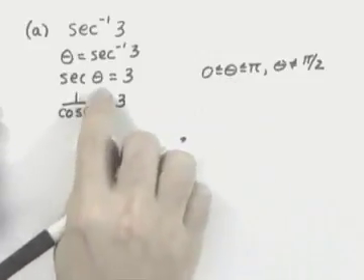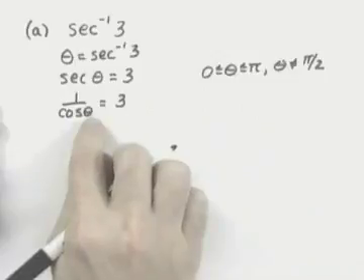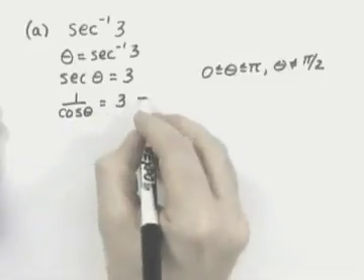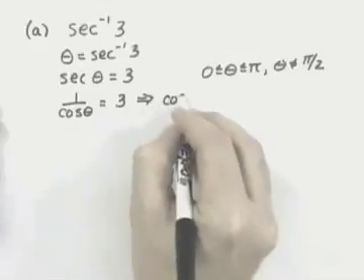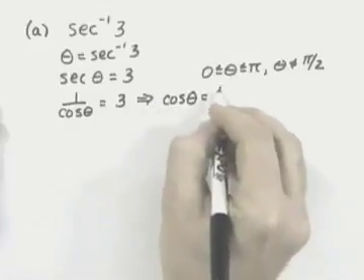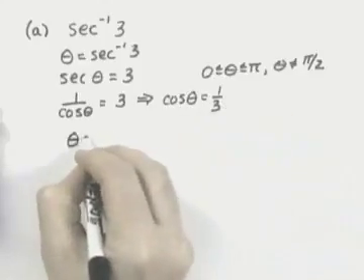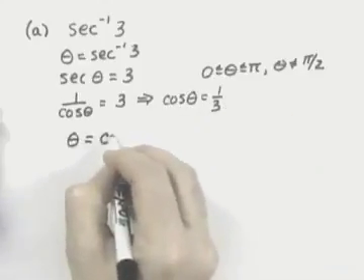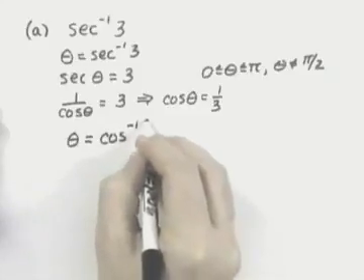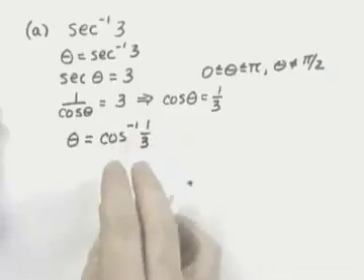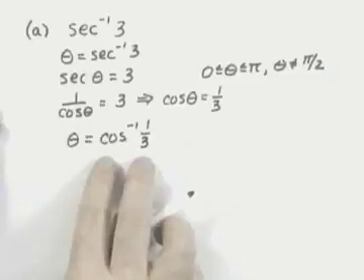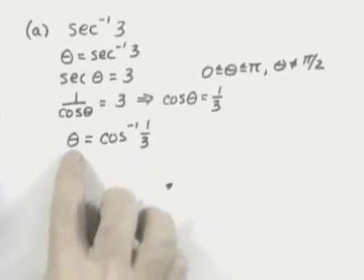So we have that the secant of theta is equivalent to 1 over the cosine of theta. So 1 over the cosine of theta equals 3, which implies that the cosine of theta equals 1/3. Therefore, theta is going to equal the inverse cosine of 1/3. So what we're going to do is enter this expression into our calculator with the calculator in radian mode to find out the angle theta.